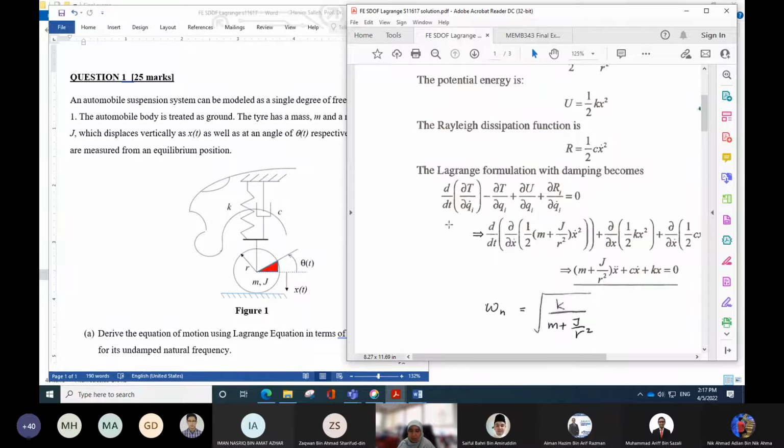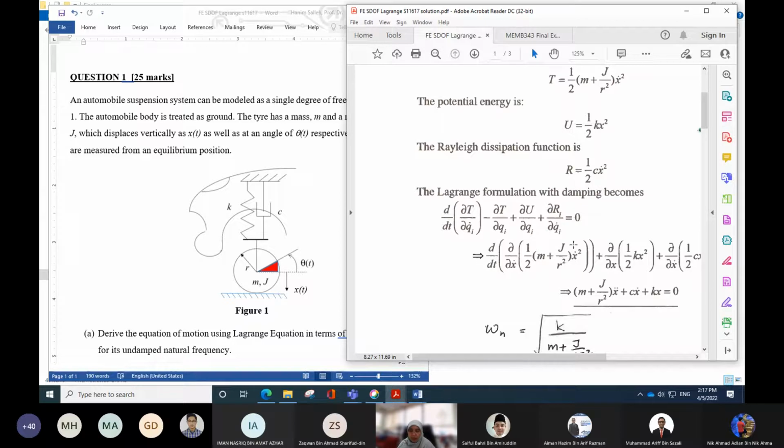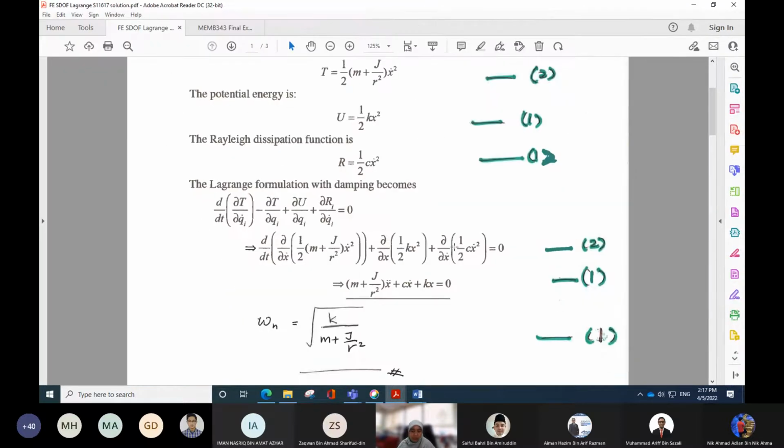The first part is you take the partial derivative of your expression T. I already put it up here. Maybe we can focus on this. You put the T in there, then your U, then your damper expressions, your stiffness expressions, and your mass and J expressions.